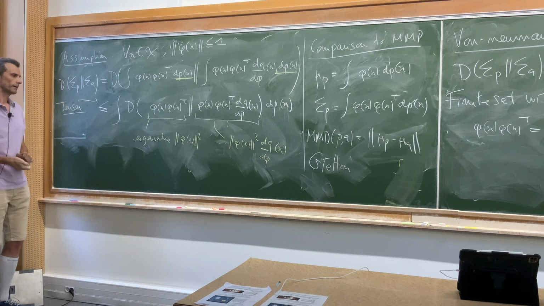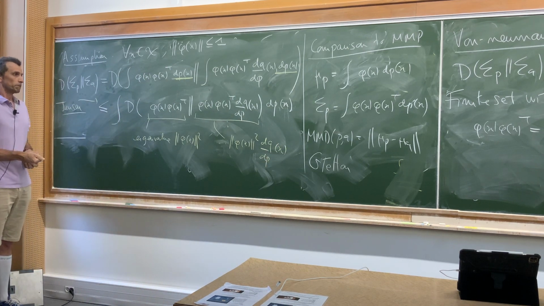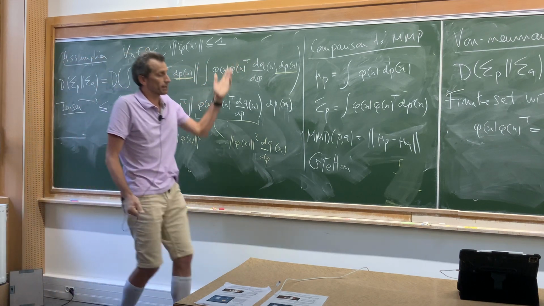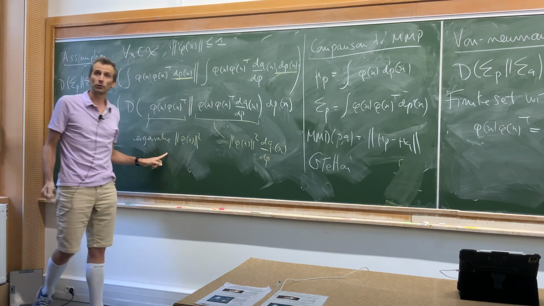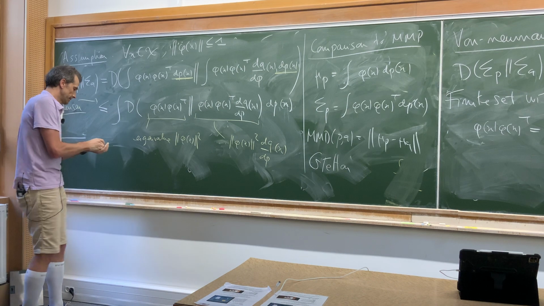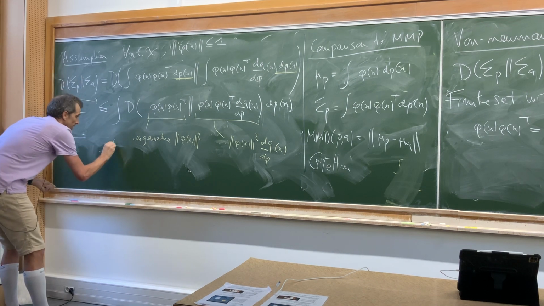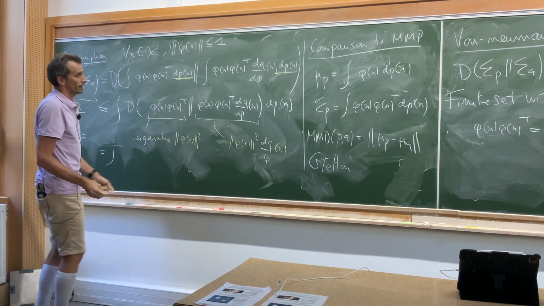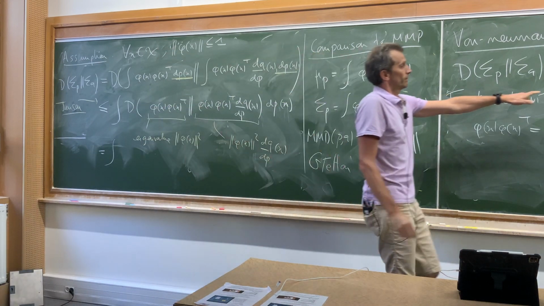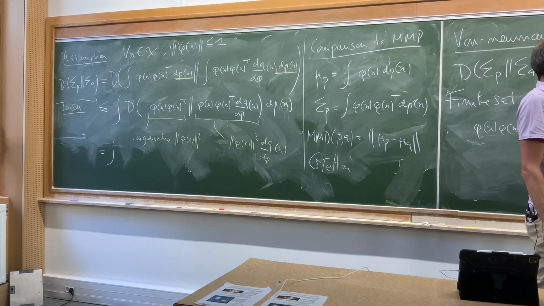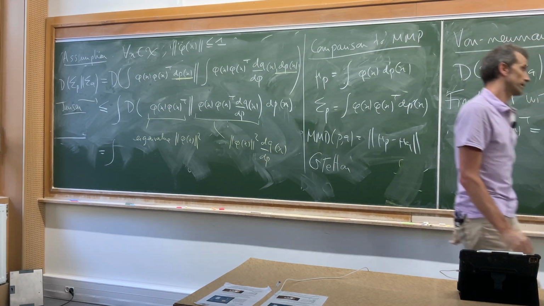Since they are along the same eigenvector, I can compute this as an integral of the eigenvalue of p times the log of the eigenvalue of p minus the log of the eigenvalue of q.